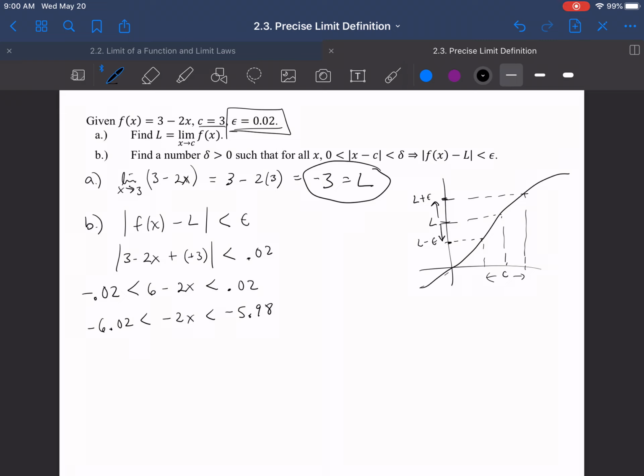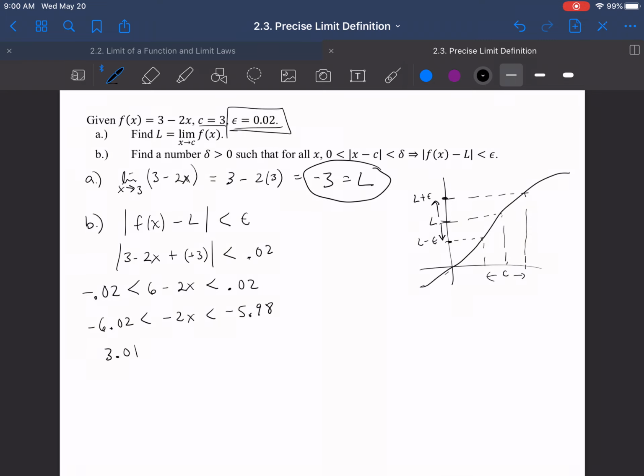When I divide by negative 2, this becomes 3.01, this becomes just x, and this becomes 2.99. And remember, we divided by a negative, so we have to reverse our inequality signs. When dividing or multiplying by a negative, you flip your greater than or less than signs.